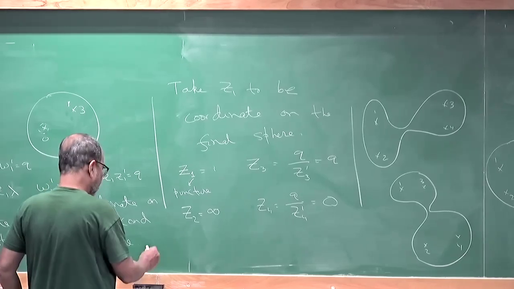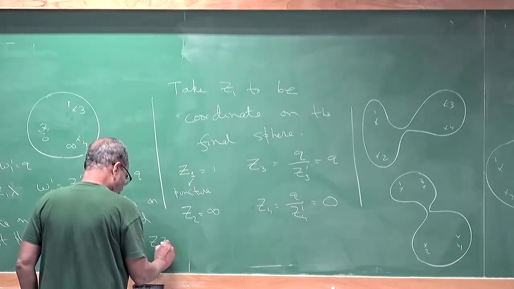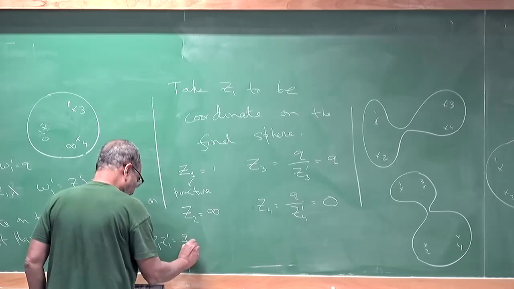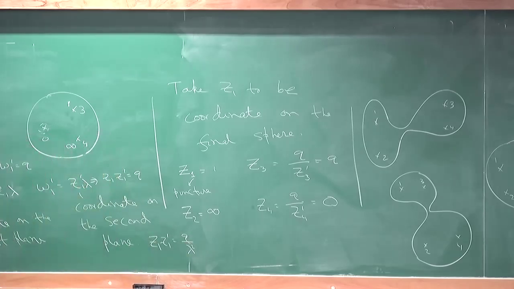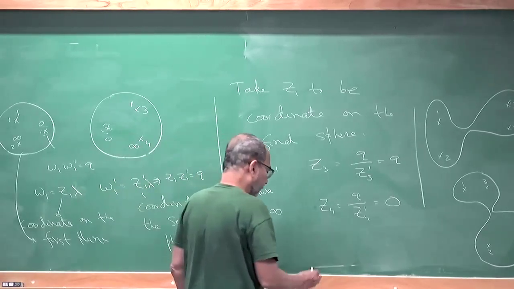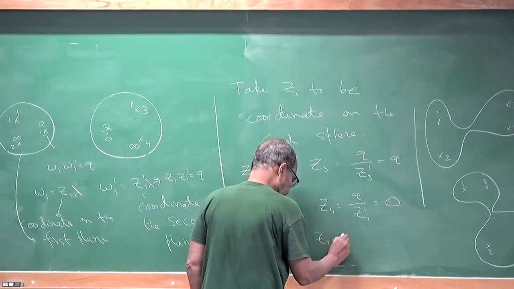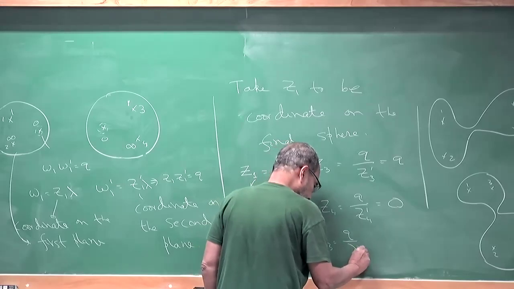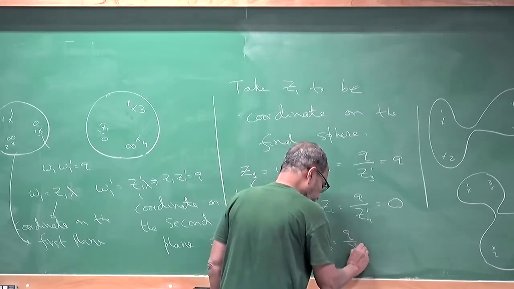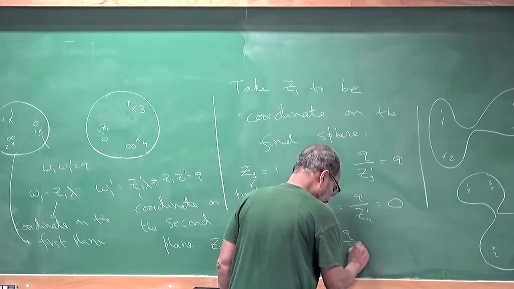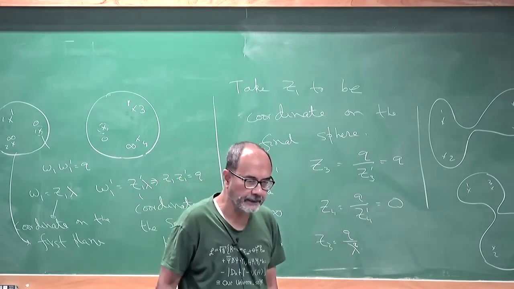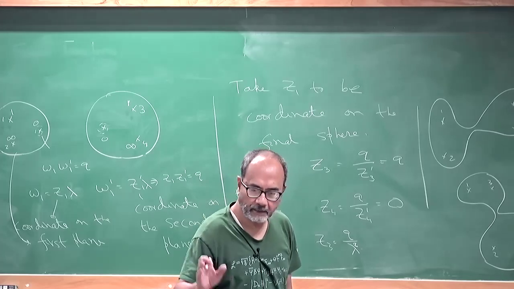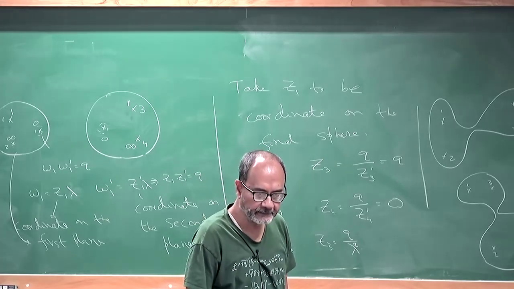So z1 prime will be q over lambda square. So z3 will be q over lambda square. For large enough lambda, you can see that as q goes between 0 and 1, you are not coming close to any other point.